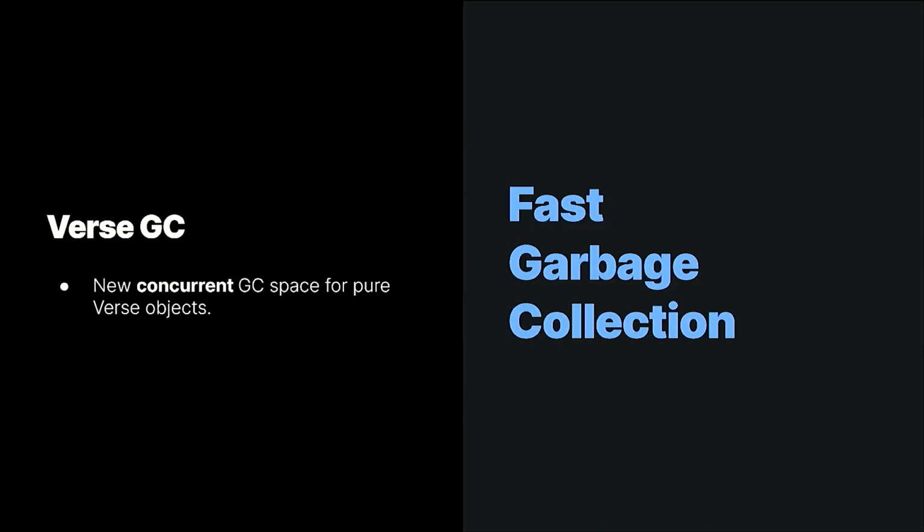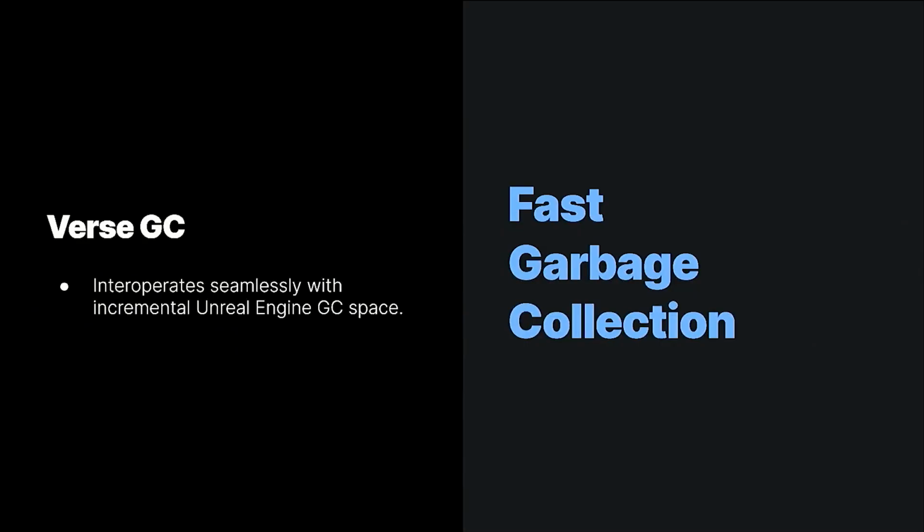So the Verse garbage collector is going to be concurrent in addition to incremental. What that means is if you hit a point where garbage collection has to run, the garbage collection work due to Verse objects is going to happen on another thread concurrently to gameplay execution. It's not even going to add time at the end of the tick. And it interoperates seamlessly with the Unreal Engine incremental garbage collector.